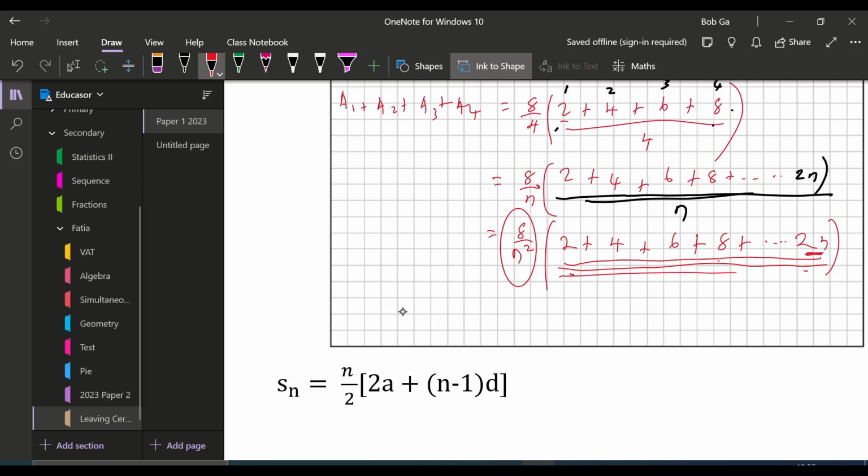So we're going to substitute now. In this formula, our a is 2, our n is n, we don't know n, and our d is 2. We just discovered that the difference in this arithmetic sequence is 2. So we know our a is 2.